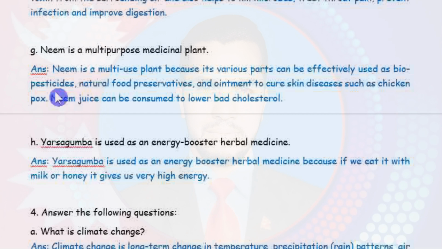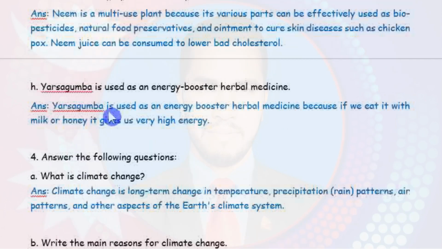Yes, in the form of biopesticides, the different parts of neem plant can be used, natural food preservatives, and an ointment to cure skin disease such as chickenpox. Neem juice can be consumed to lower bad cholesterol. Okay, if we want to lower the cholesterol level in our body, then we can consume neem juice.